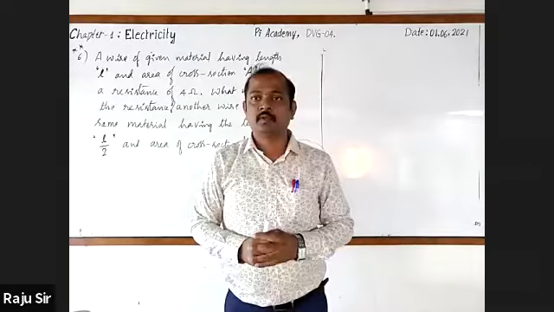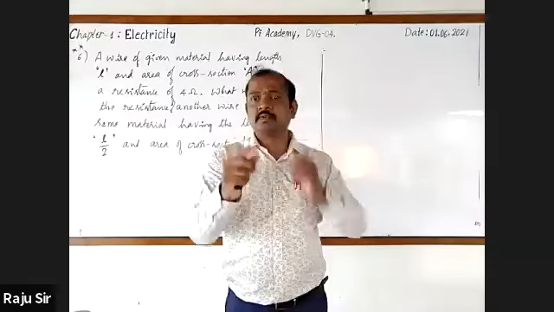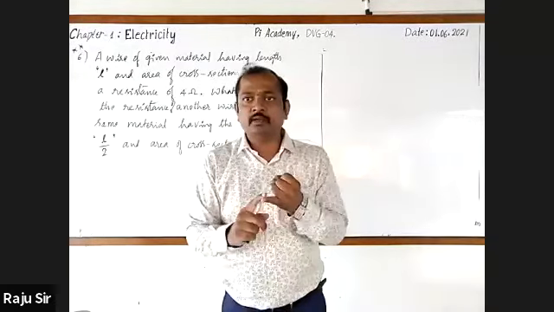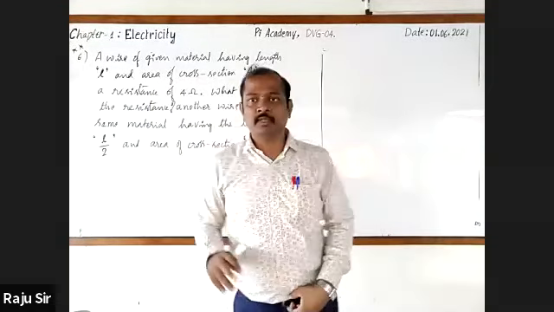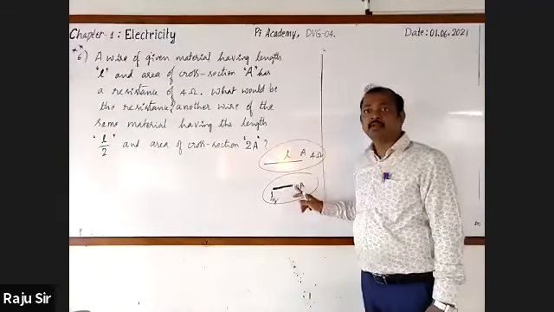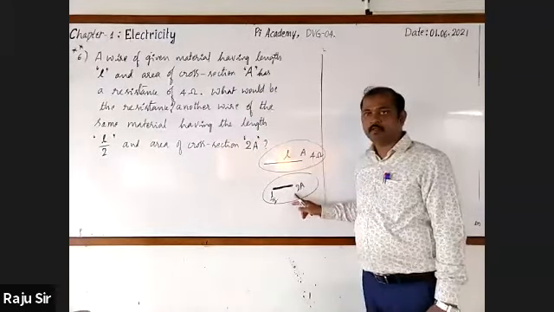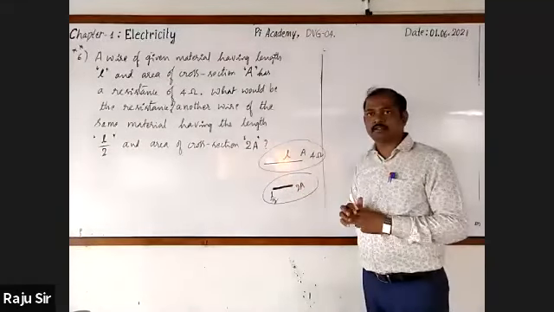Resistivity will be the same. You know that resistivity of a material, irrespective of its length and thickness, will always be the same. Resistivity of the first wire is equal to resistivity of the second wire. Hence, can we equate the resistivity of the first and second wires?